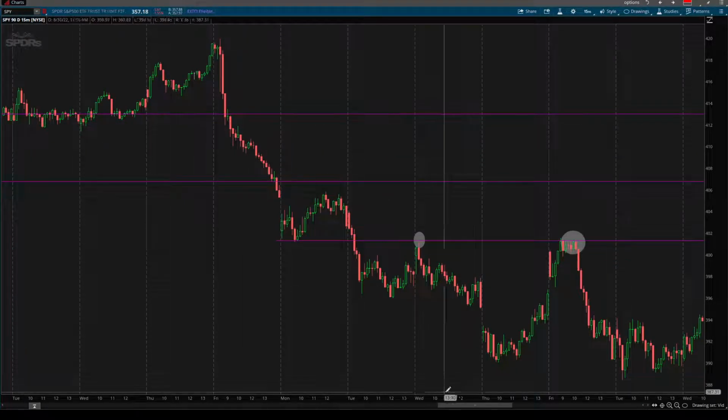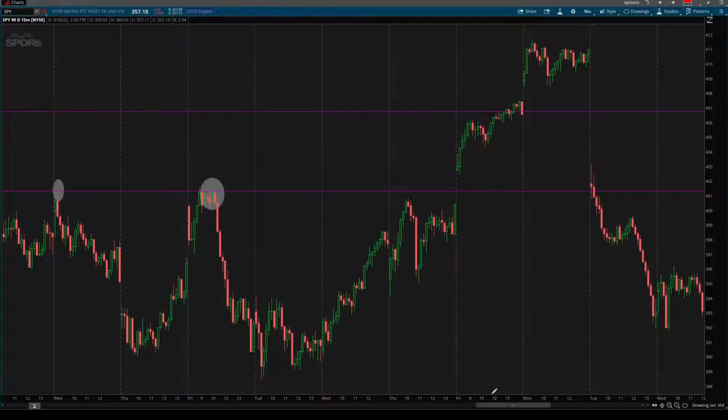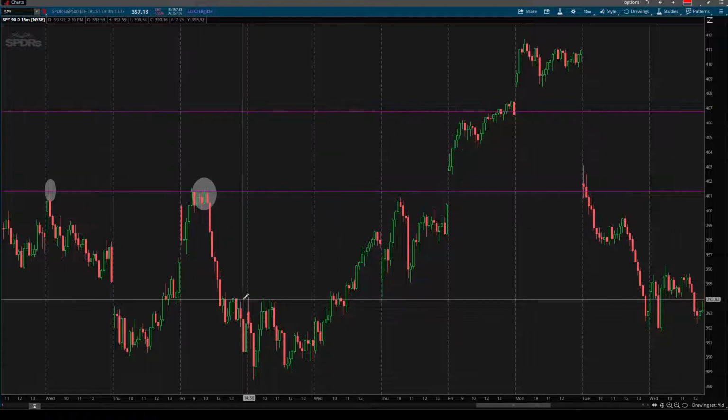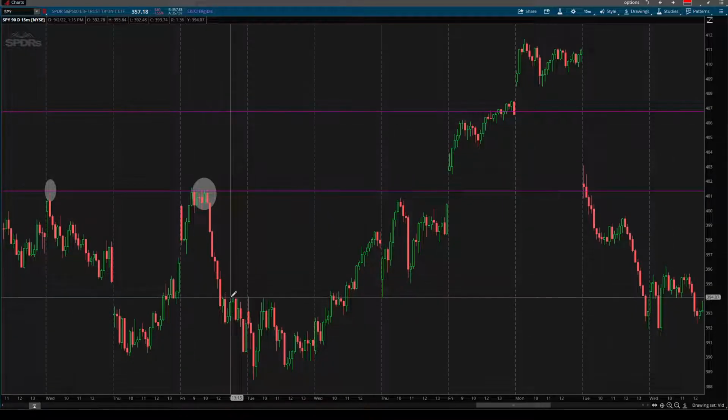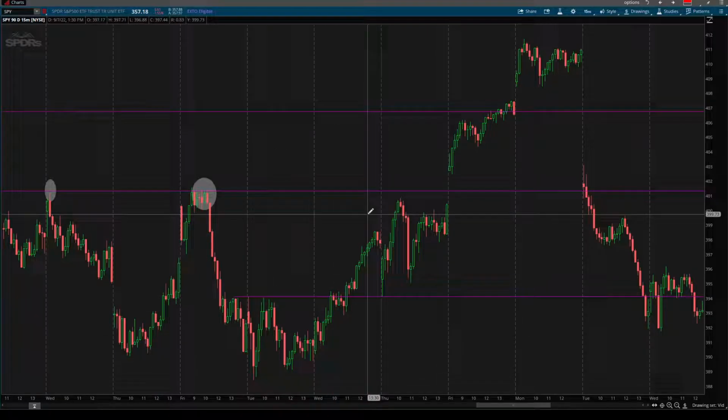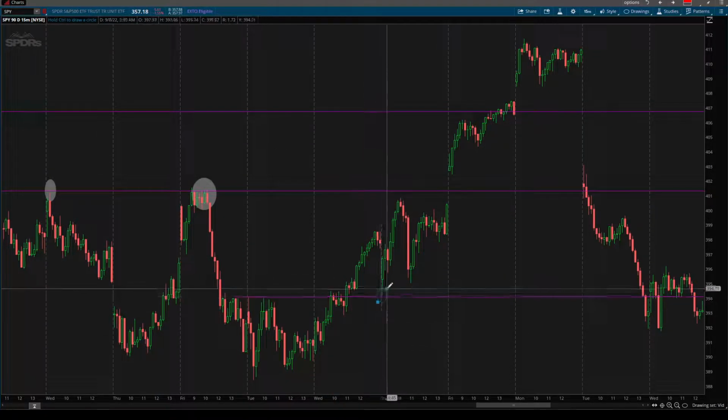But I think it's a good strategy to learn, because there are profits to be had on it. As you can see right here, highs of this day, we break, then we get the little test right here. I think that those are good trades.